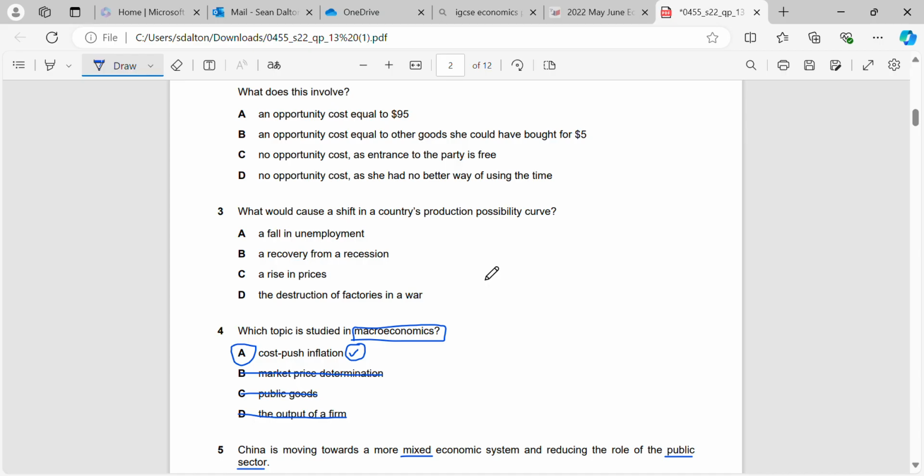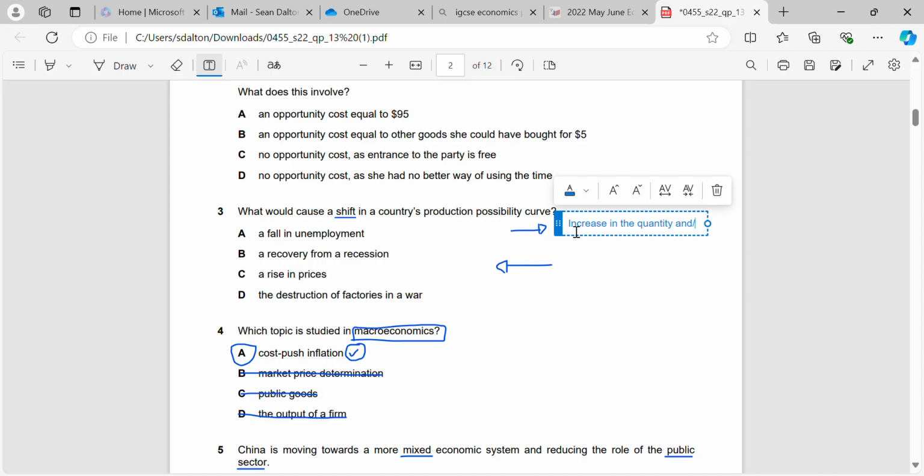Okay, question 3. What would cause a shift? So we're not told which way we're shifting in a country's PPC. So that means that we can shift right, or we could shift left, right? So what are the reasons why that would happen? We'll shift right if we have an increase in the quantity and/or quality of resources.